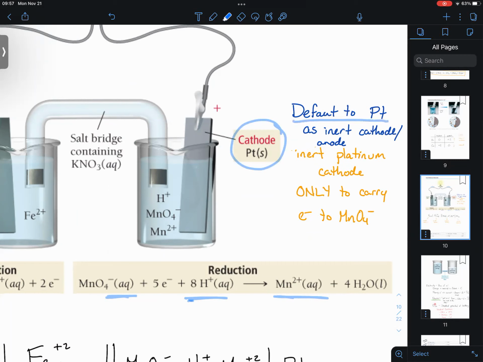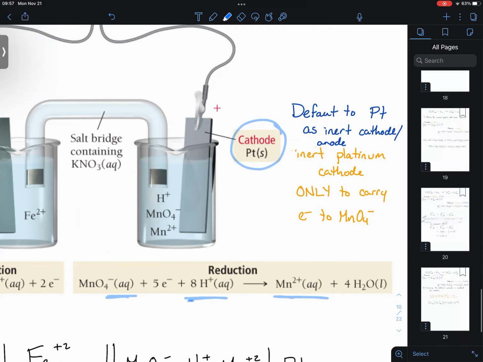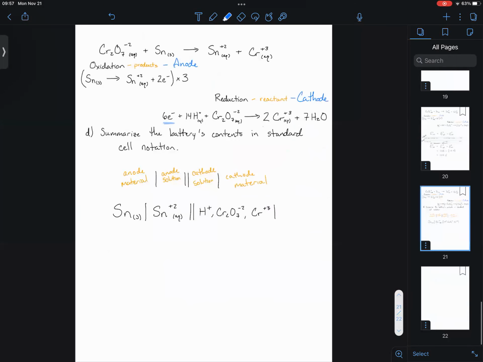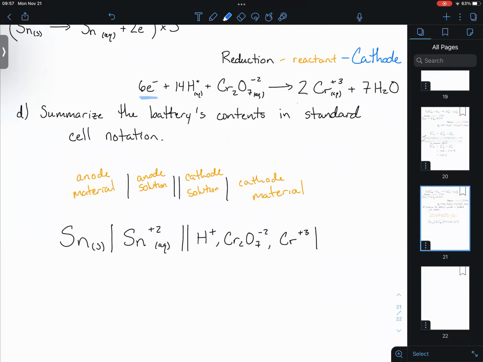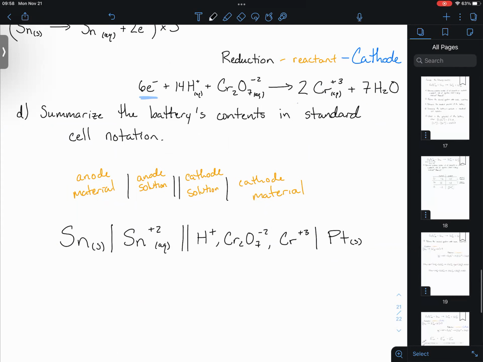We're just going to default to platinum in this course, because it's great at conducting electricity without being consumed in the reaction at all. So because everything on both sides of my reaction appears in solution, I'm going to use this inert platinum cathode.